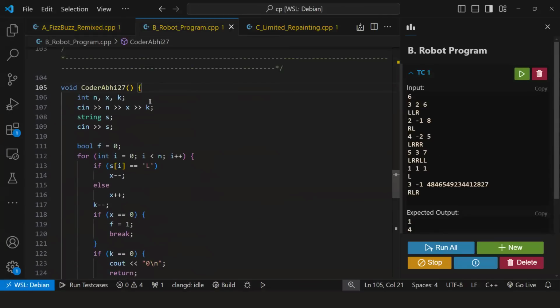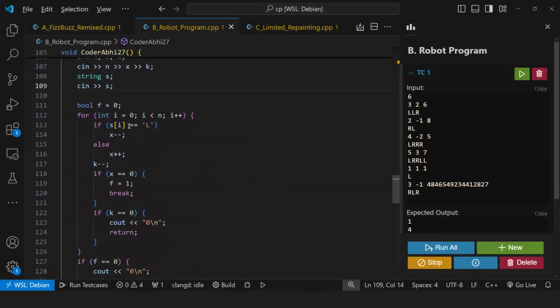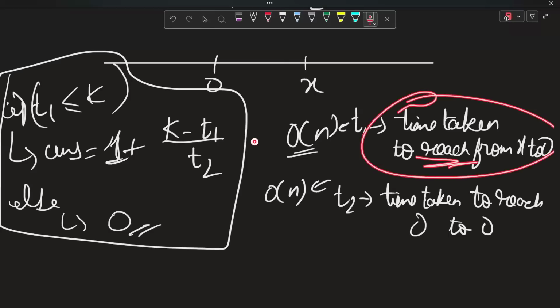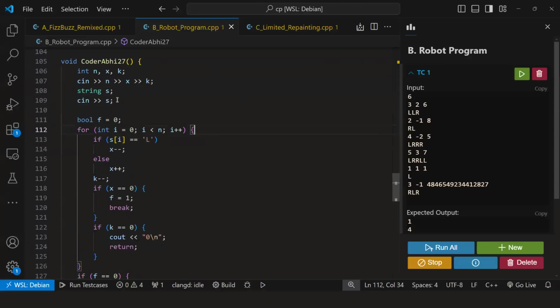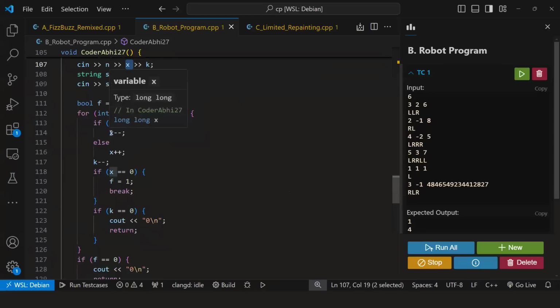So I took the input n, x, k and the string s. After that, first I calculate how much time it takes to reach from x to 0. For that, my initial position is x, so I'm just changing that position only. If I encounter a left, then I do x minus minus, otherwise I do x plus plus.